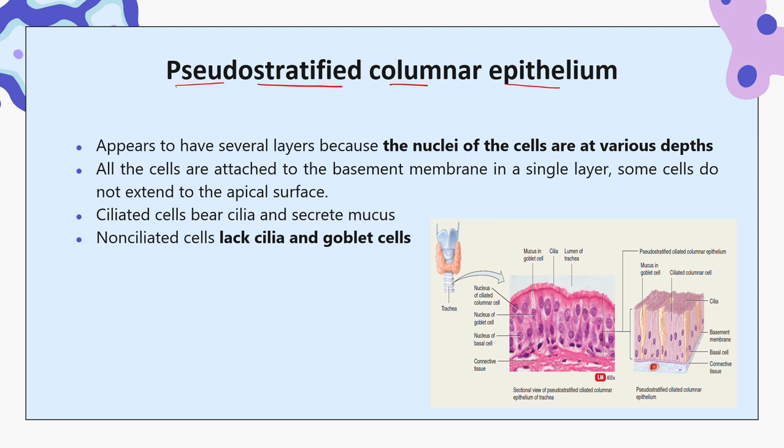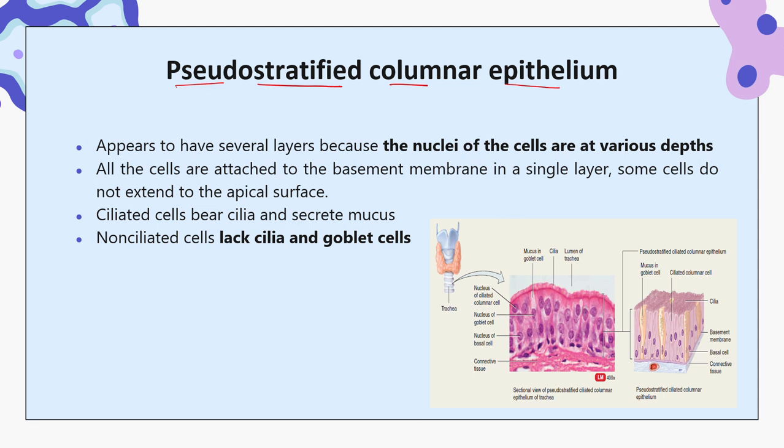Why? It's because in simple epithelial tissue the nuclei are present in the center of the cell. In columnar tissue, the nuclei are present towards the basement membrane, towards the base of the cell. In stratified epithelium, multiple layers are present.